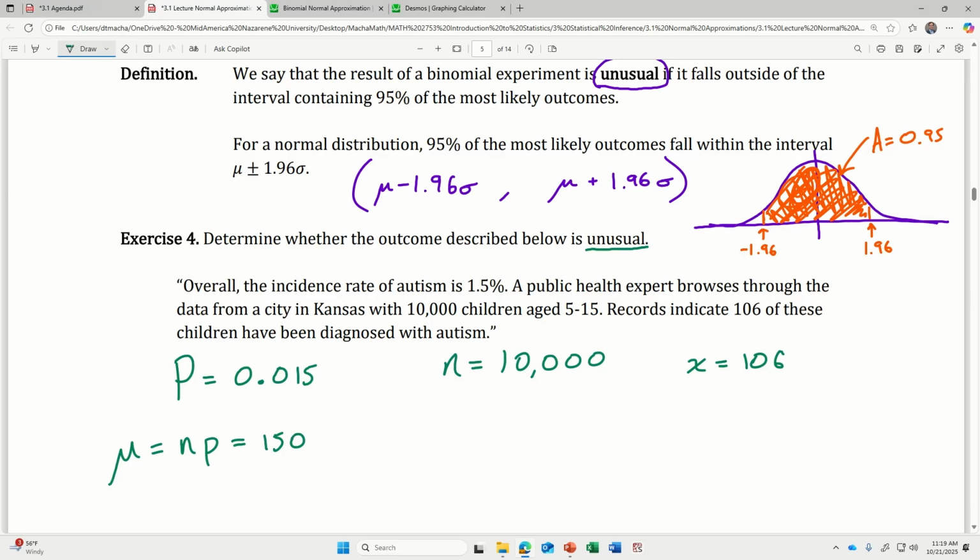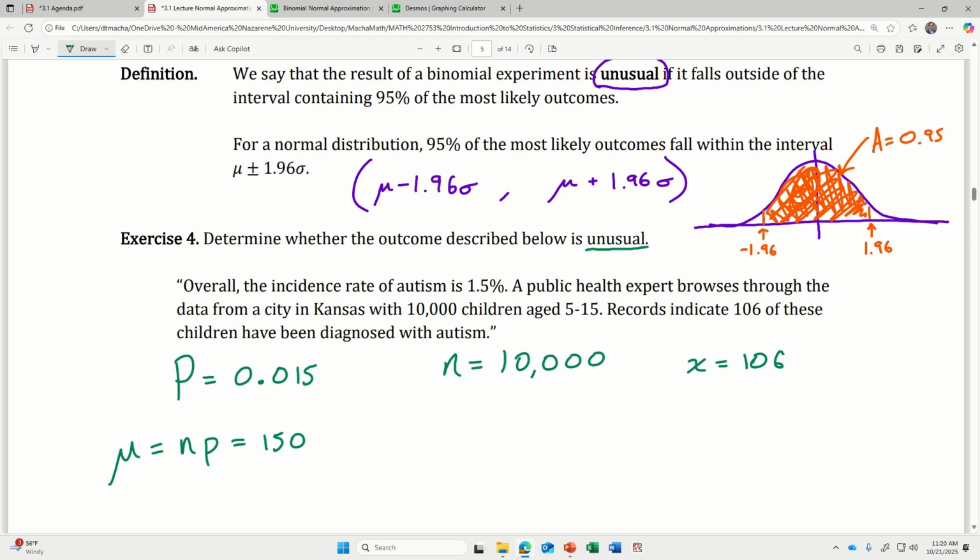So that's kind of the expected value. If we were just walking into this with no other information besides this here, I would think out of 10,000 kids, knowing that the incidence rate is 1.5%, I'm expecting that out of 10,000 we would find 150 diagnoses. That's my baseline expectation. And so I find that 106 students have a diagnosis, not 150. That's not exactly 150, but you also have to apply this kind of randomness reasoning to it.